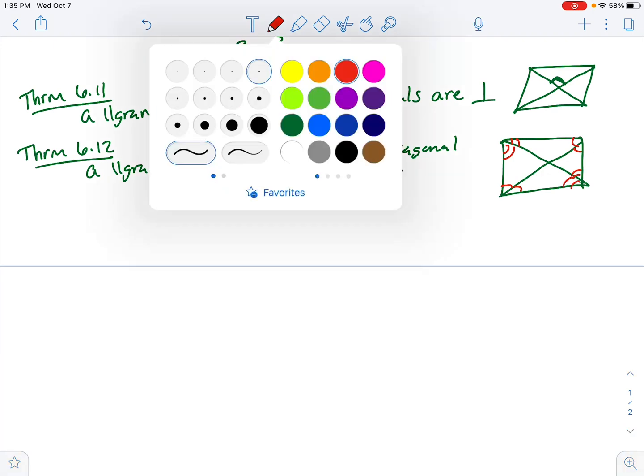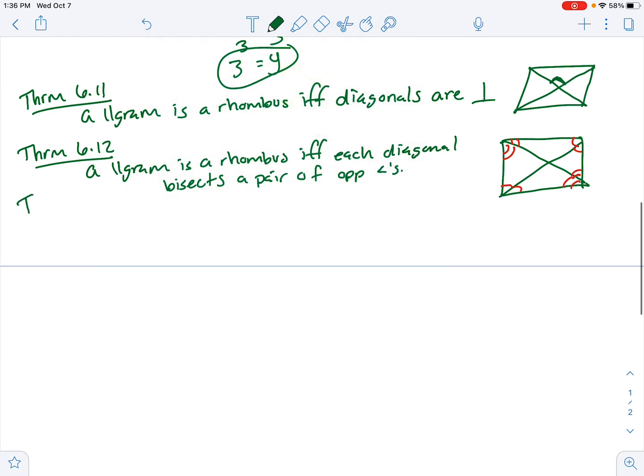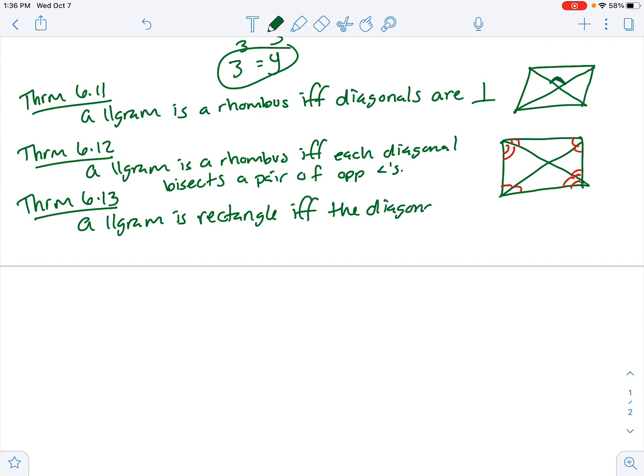Okay. Last one, 6.13. A parallelogram is a rectangle if and only if the diagonals are congruent.